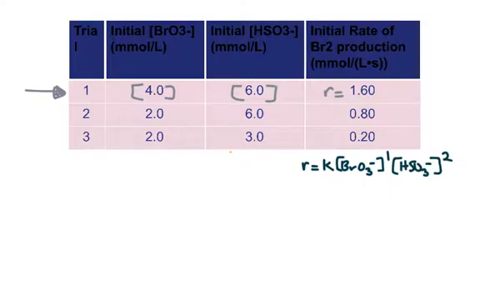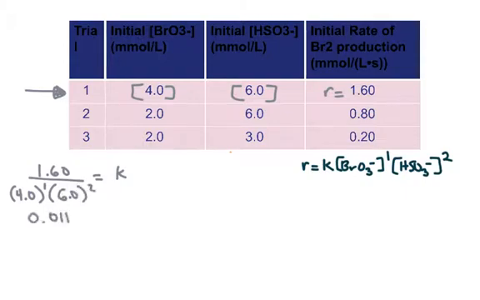So our R is, let's just rearrange as we go. 1.60 is the R. And we're just going to leave K over here on the right hanging out, and we're going to bring the two reactants across the equals, which means they'll divide. So our first one is 4.0 raised to the 1, and the second one is 6.0 raised to the 2. So let's do the math now. A numerical value for K of 0.011.